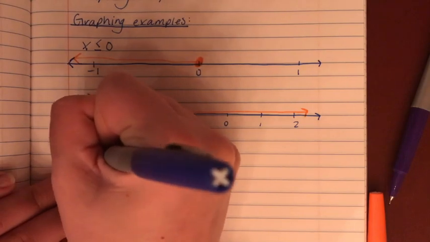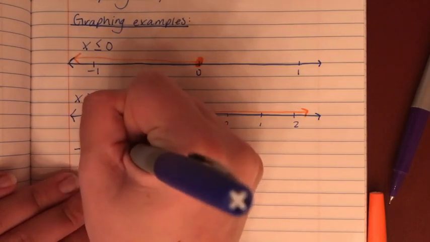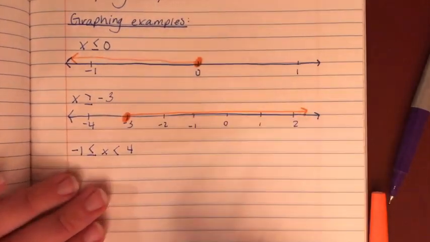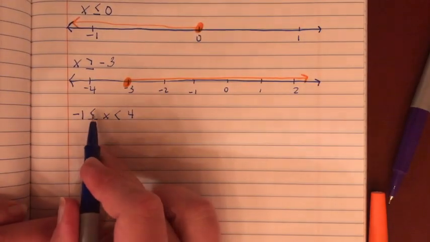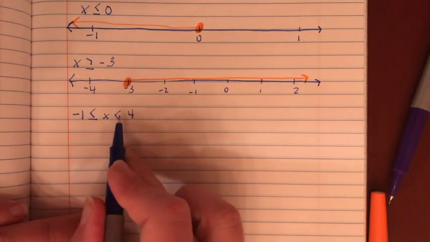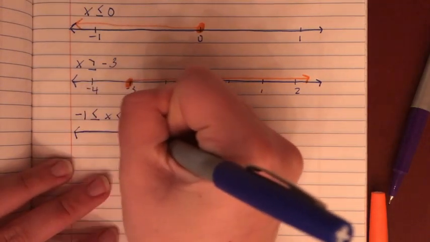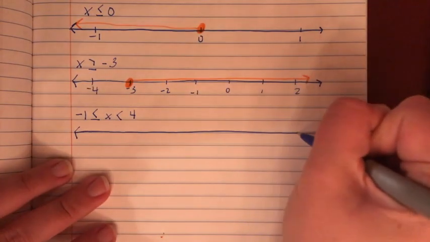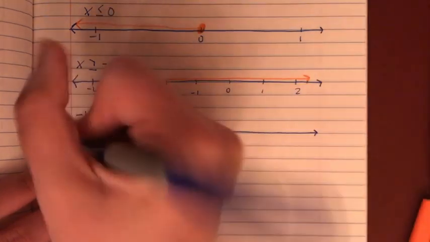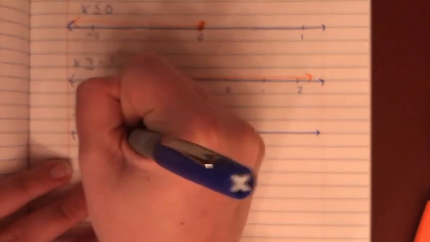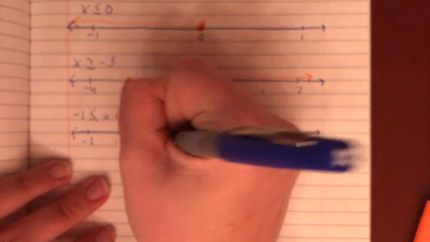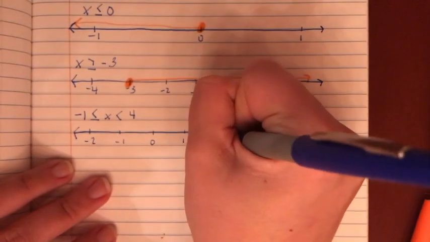-1 is less than or equal to x, which is less than 4. So what this says here is x is greater than or equal to -1, and x is less than 4. Scale our graph.